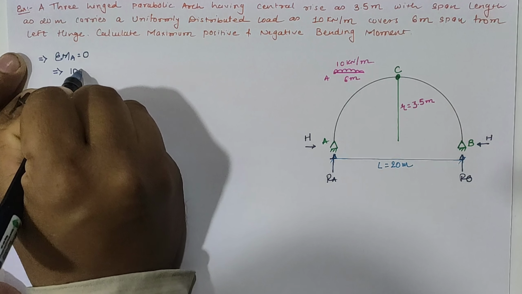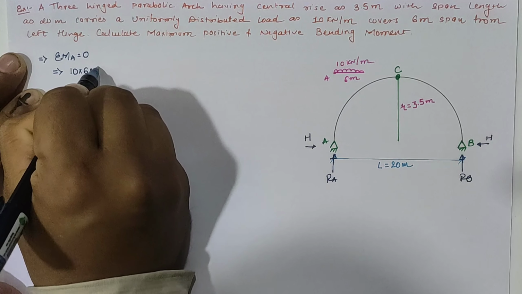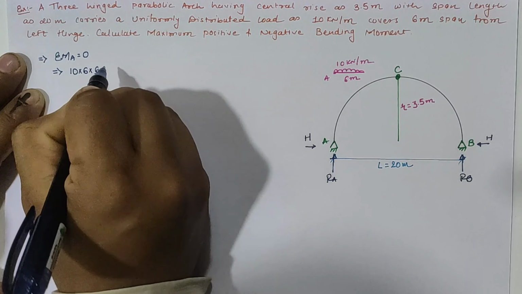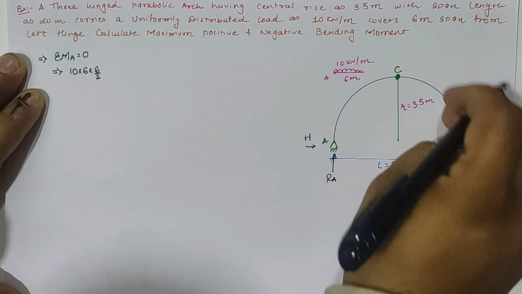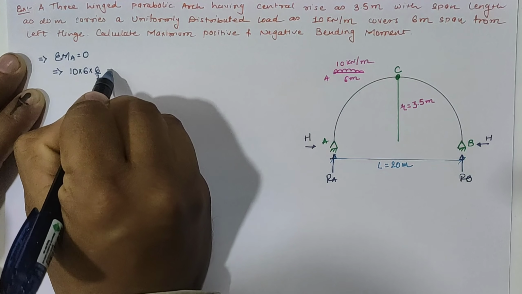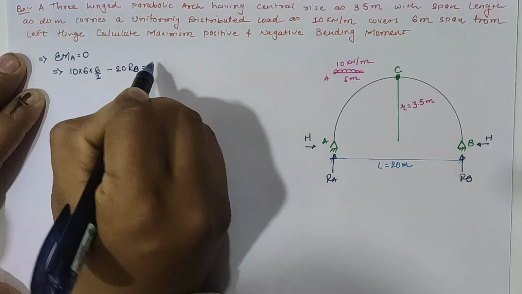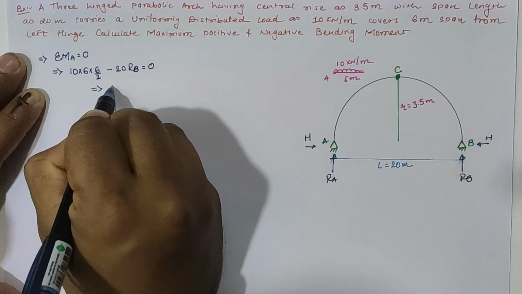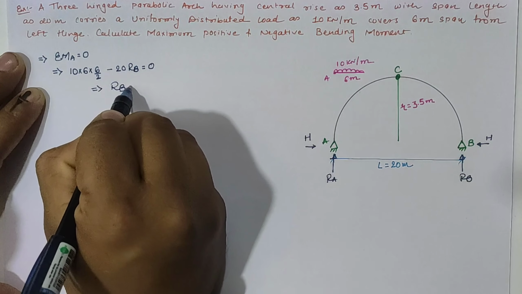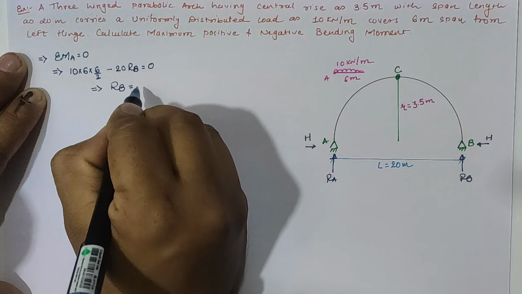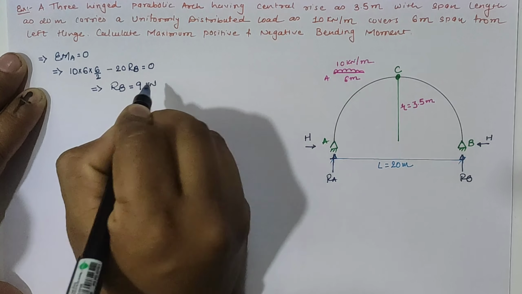So the moment due to the UDL is 10 into 6 as the load into distance by 2, and RB is in the anti-clockwise direction. So minus 20 into RB must be equal to 0. Hence our reaction at support B or hinge B is equal to 9 kilonewton.